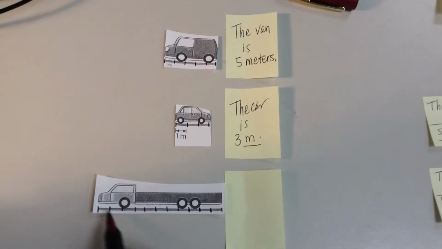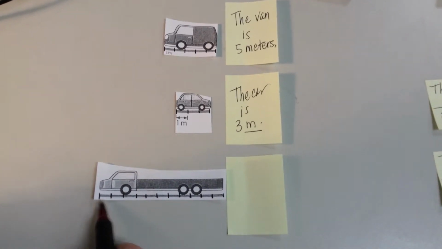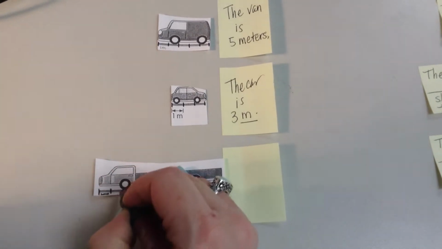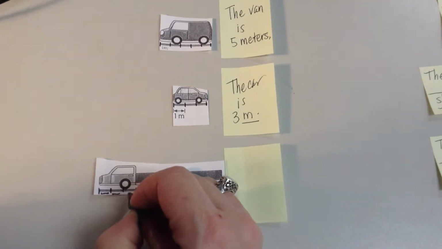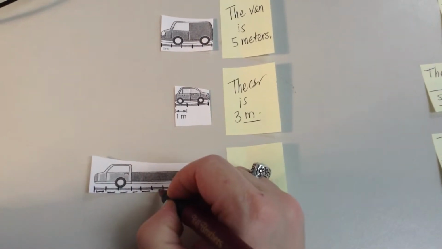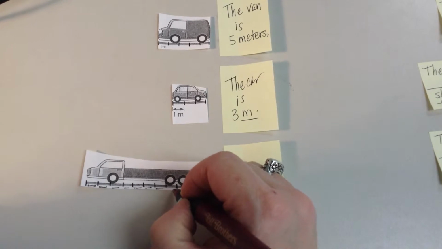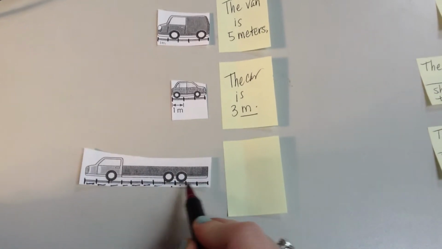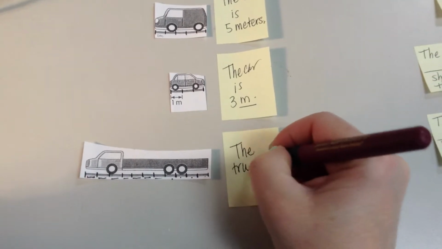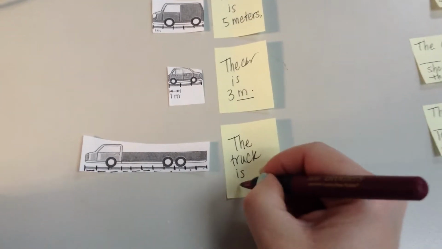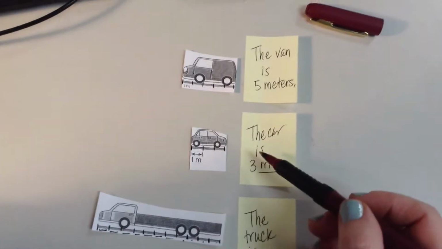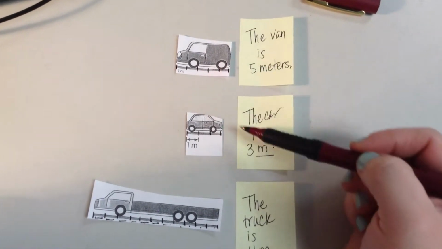Now, let's see the truck. 1 meter, 2 meters, and we see this space: 1, 2, 3, 4, 5, 6, 7, 8, 9, 10, 11. So the truck is 11 meters.